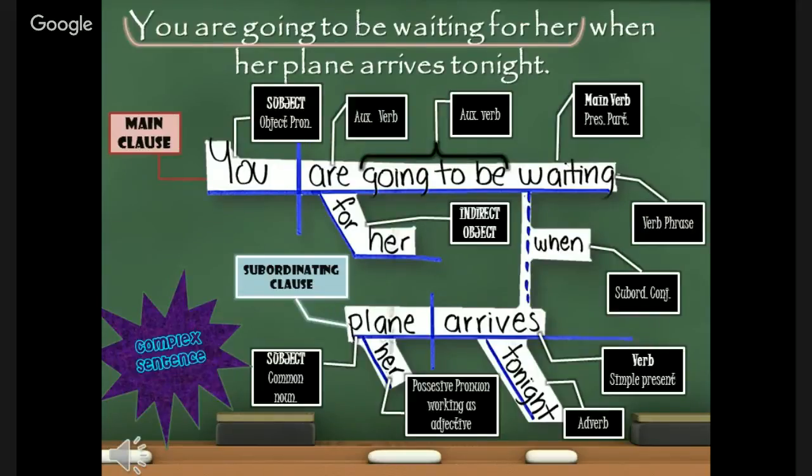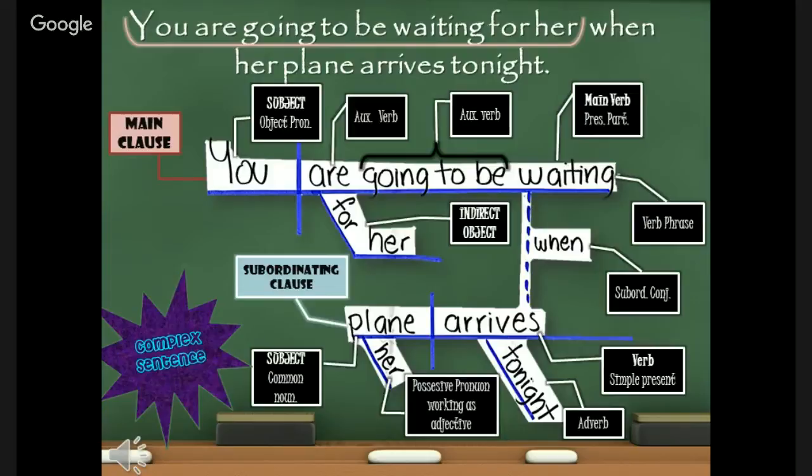Then we have for her, that is our indirect object, and it goes under the verb because it answers the question, for who are you going to be waiting? For her. Then we have when, that is a subordinating conjunction, and it's joining the subordinating clause with the main clause.